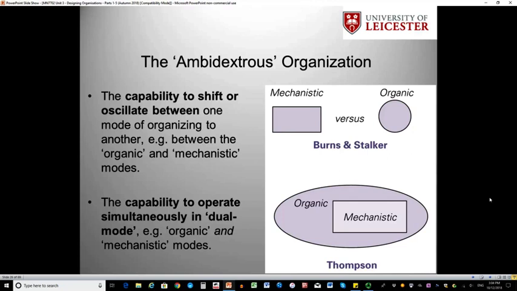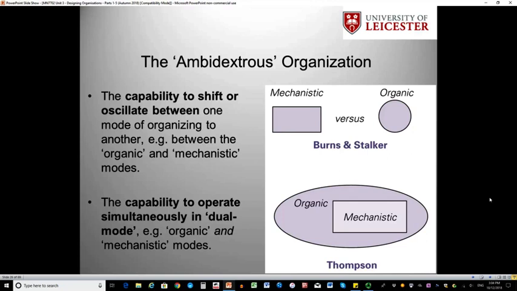However, Hewlett-Packard also needed a very efficient and effective production division, and to ensure that they had consistency in product design and manufacturing of the products, that they kept costs to a minimum, and that kept quality consistent and high, they needed a much more mechanistic mode in that division.